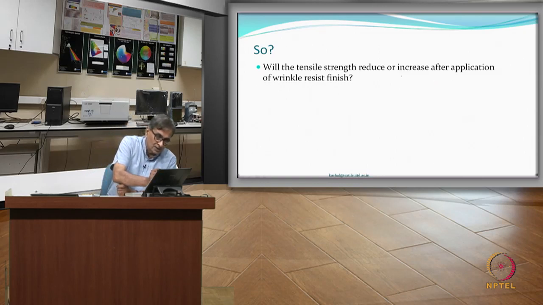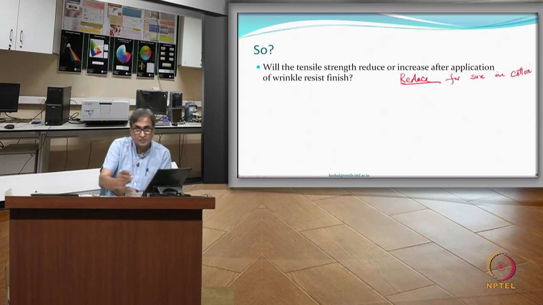This question obviously is answered: it would reduce, for sure, in the case of cotton, because there can be losses due to heat, there can be losses due to acid, and of course, cross-linking itself.